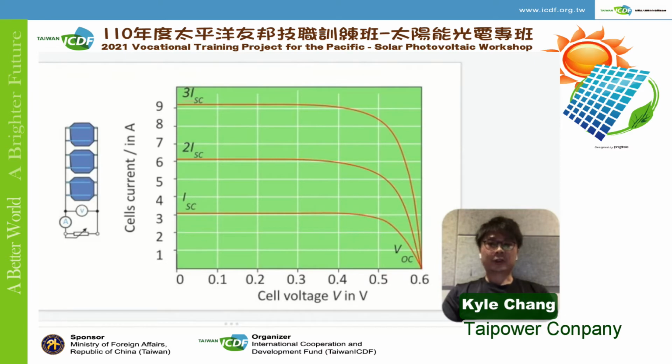And the second option is the parallel connection of the cells. Now, the voltage across all the cells in parallel is constant. However, the current produced by each cell is now added up. We can see the diagram.